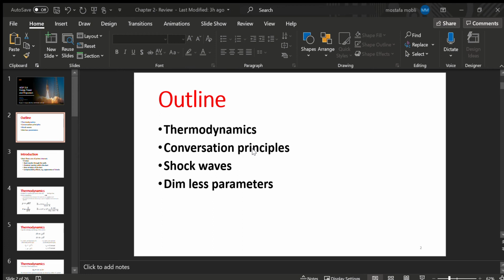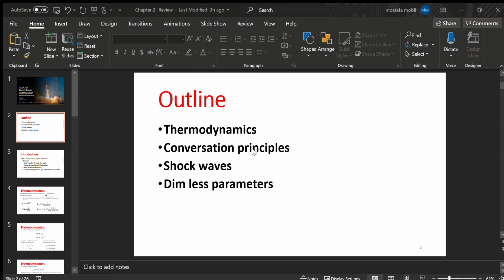That's all right. Yeah, it is 1.4. But you are clear what gamma is, right? You have seen this before, right? Yes?